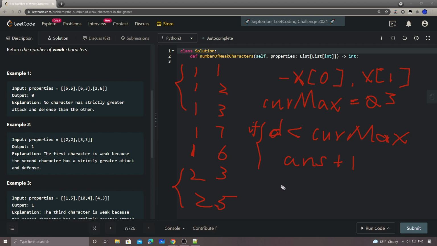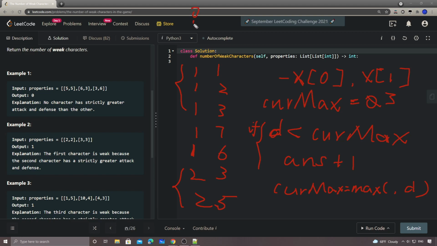But after this one, we still need to update this max, do a max of this one plus the current d. This is because even though this one is not a weak one, there could be another group.